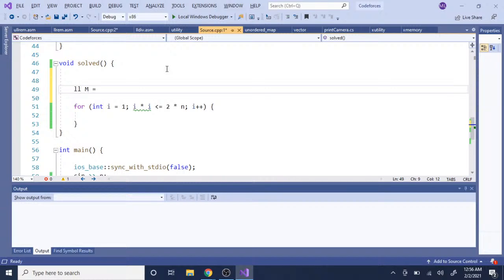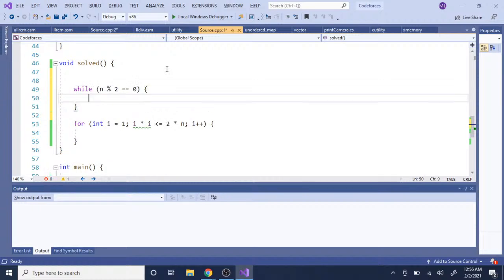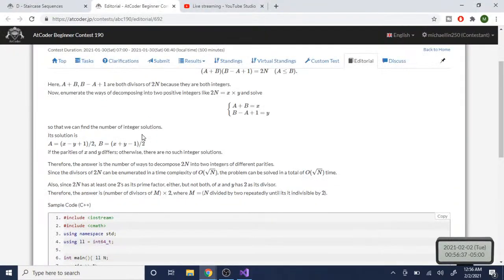While n is divisible by 2, we're going to keep dividing it by 2. Okay, so that does this part, that's technically m. So now we're just going to find the number of divisors of m.